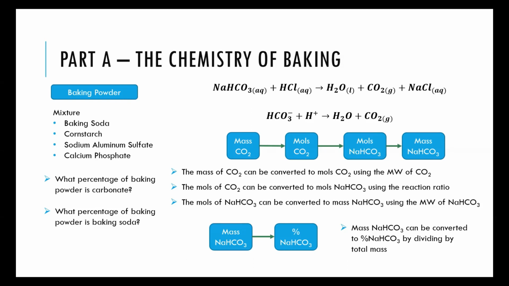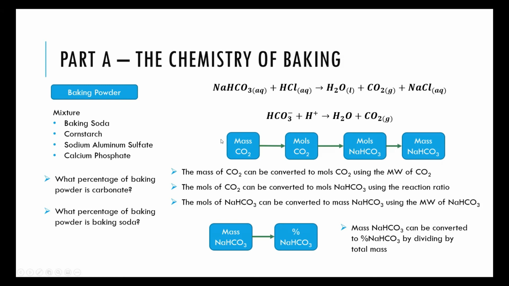So you determine the mass of baking powder as a whole, and then react that with some acid to produce carbon dioxide. Only one of these components will react, and that's the baking soda. And you'll do the same calculations as with looking at the pure baking soda.